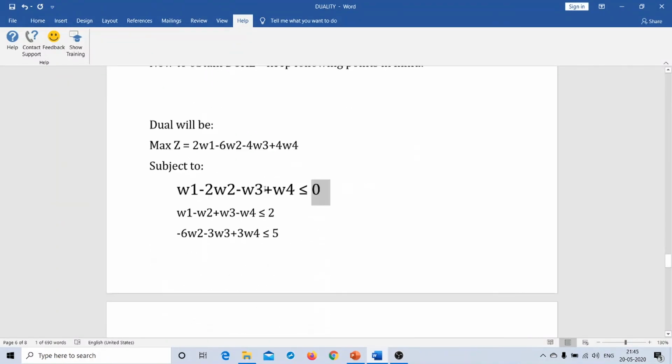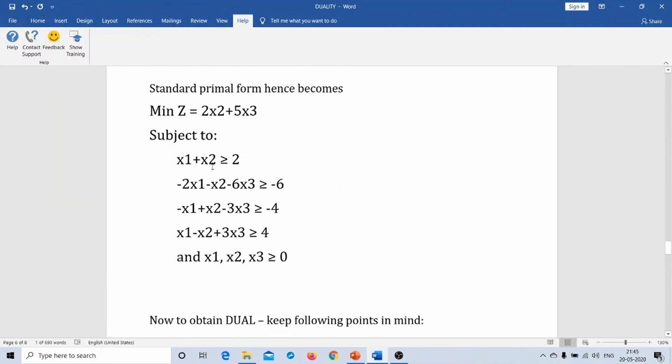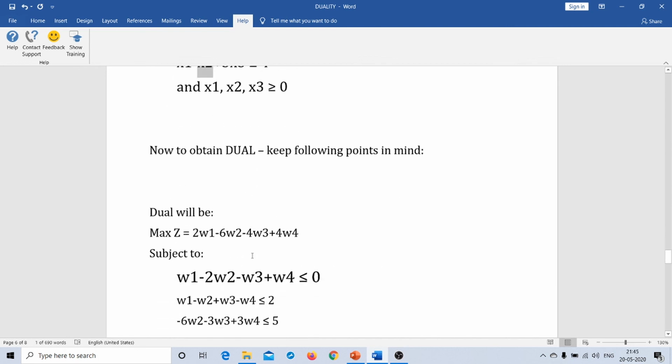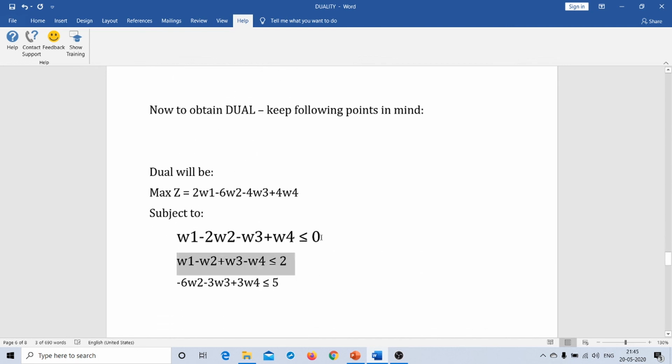Now let me look at the second constraint. In the primal constraints, the coefficient of this is 1, the coefficient of this is 1. I'm sorry, -1. This is 1, this is -1. So I have 1, -1, 1, -1. So I have 1w1 minus 1w2 plus 1w3 minus 1w4.